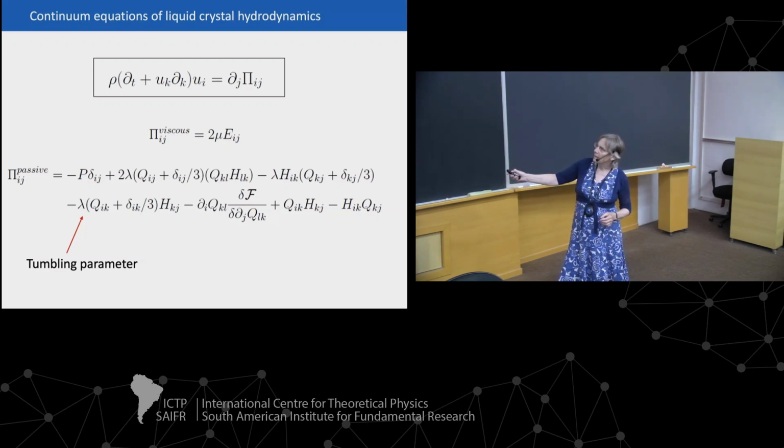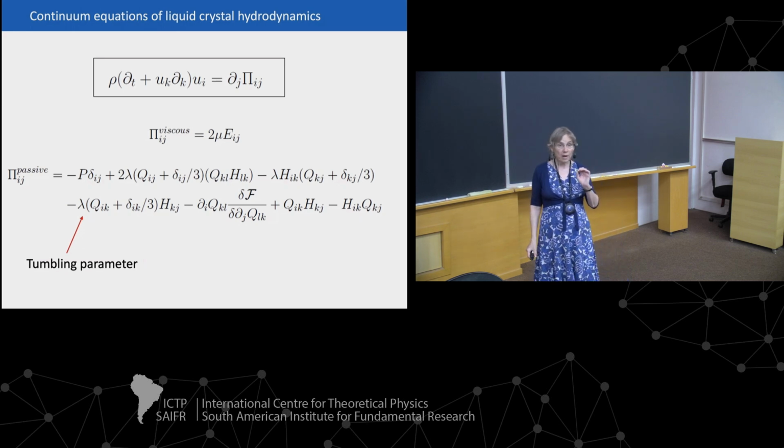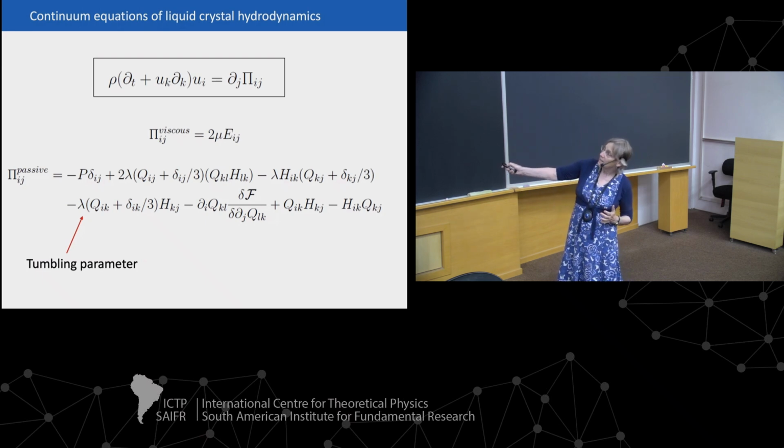This is what that lambda there is, the tumbling parameter. And it's a phenomenological parameter. It's something you have to look at the experiments and see what that parameter is. It's very hard to calculate. I think you can't calculate it. I think that's true to say for a very strongly interacting system. You can for a single colloid, but not for an interacting system.